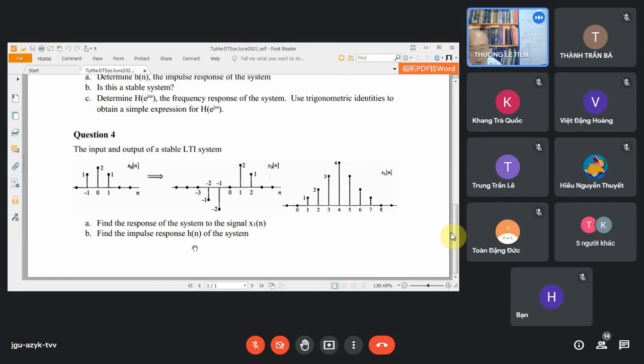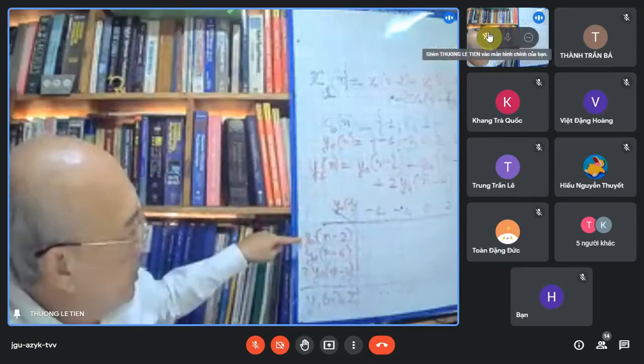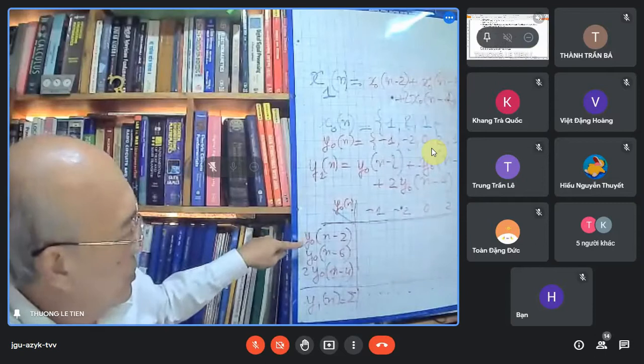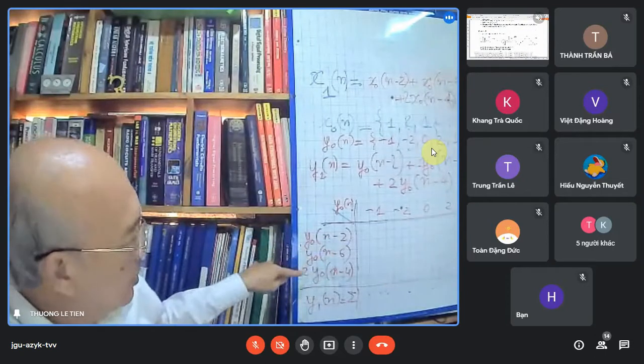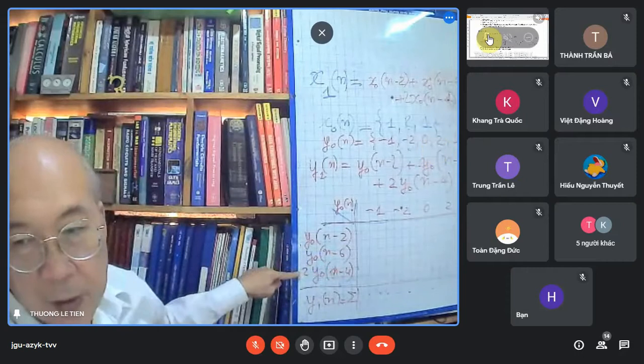Okay, that is the way to go. You know the y0 in advance. Then, you write down the linear combinations of y1 versus y0, and then we get y0 n minus 2, y0 n minus 6, and 2y0 n minus 4.